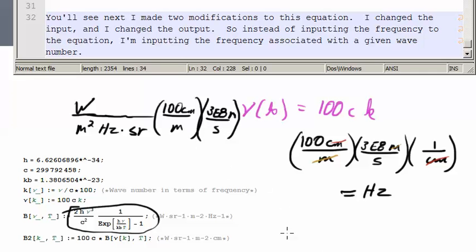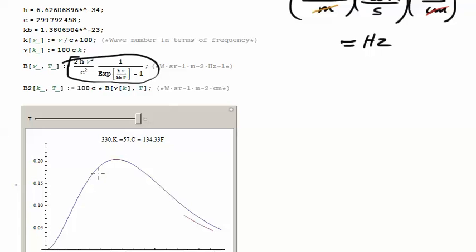So the seconds cancel out with the hertz, the meters cancel out with the meters, and we're left with watts per meter squared per steradian per centimeter.